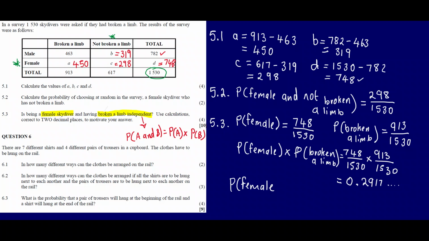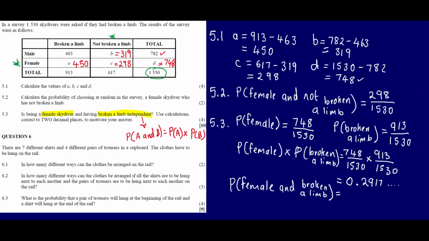Now we can quickly look at the intersection: the probability of female and broken a limb. We want to compare the intersection and the product. If the two give us values that are the same, then it means the events are independent.